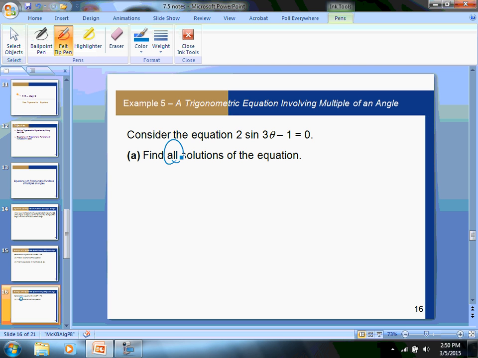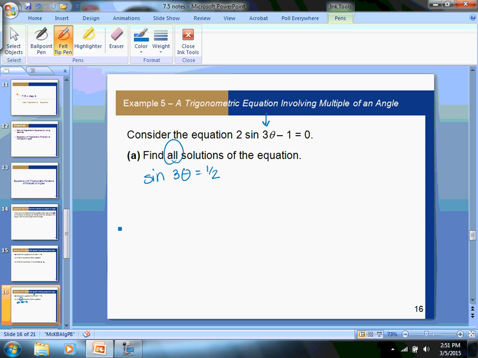Even if that 3 wasn't there, I would still add the 1 over and divide by 2 so I can get the sine of theta, or in this case, the sine of 3 theta, by itself. Then if I add the 1 and divide by 2, I'll have the sine of 3 theta equals 1/2.